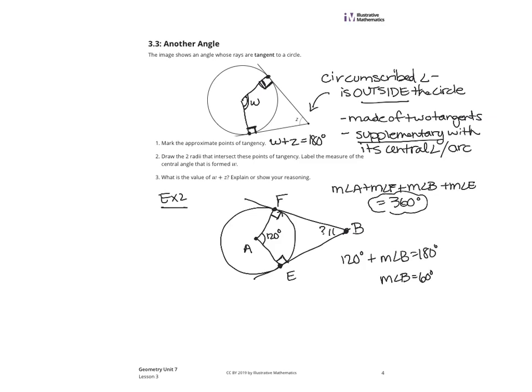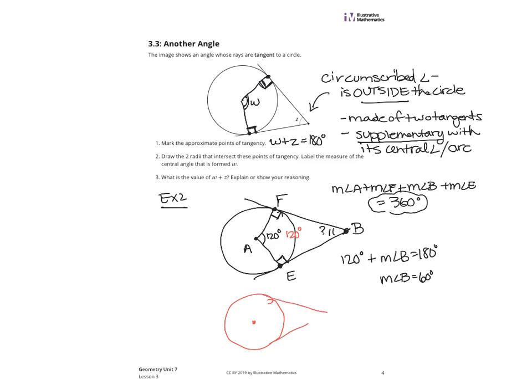I know a few other things in this picture, by the way. I know that this arc from E to F is also 120 degrees. So this picture could have looked a little different. I could have drawn the circle and not drawn in the radii at all.